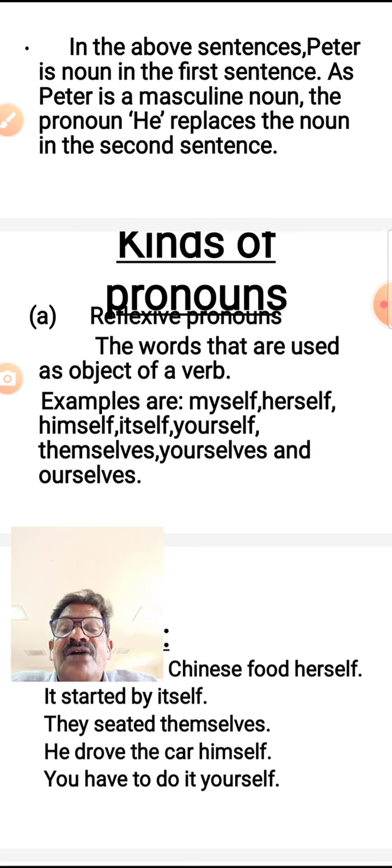See here examples: myself, herself, himself, itself, yourself, themselves, yourselves, and ourselves. So these are all called reflexive pronouns.